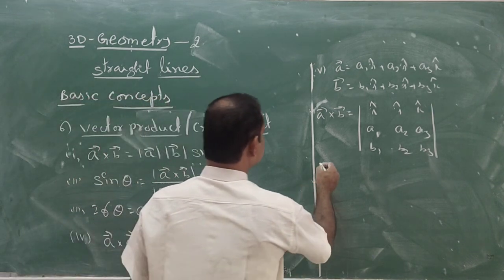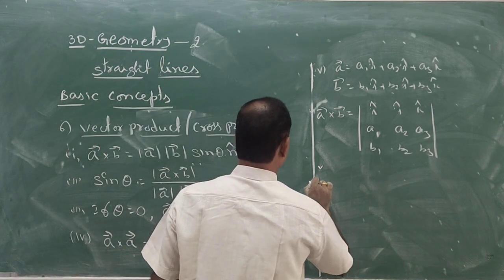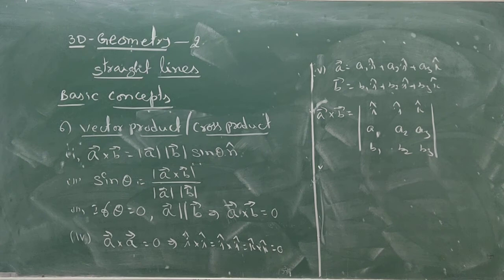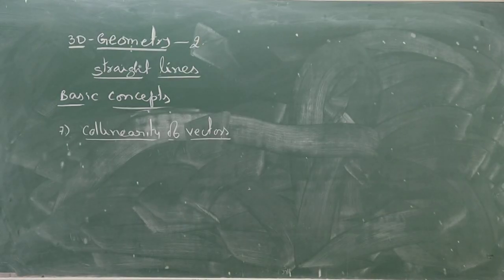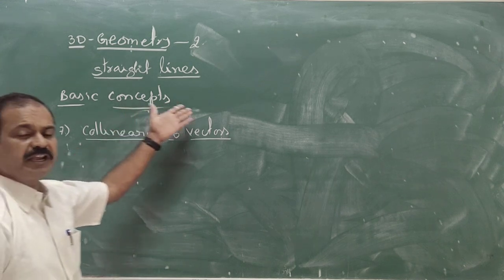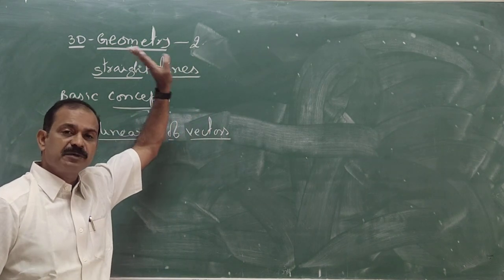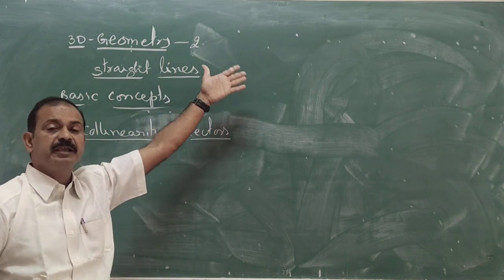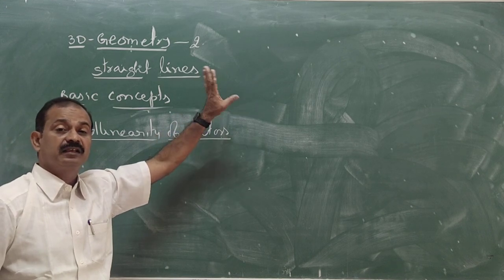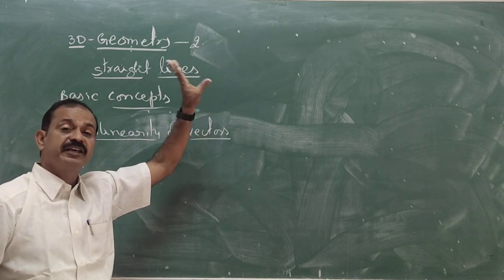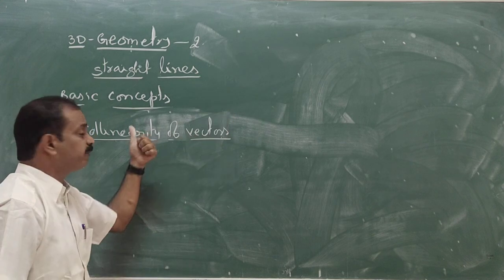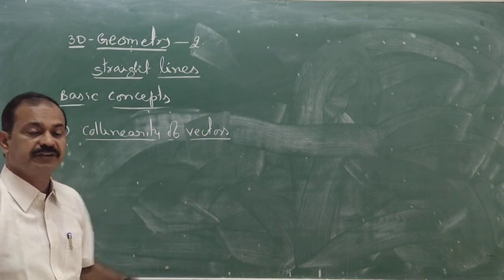Next, now collinearity of vectors. This is a fundamental thing, that's why I am not considering it, but even then, if required, I am writing once again the collinearity of vectors.